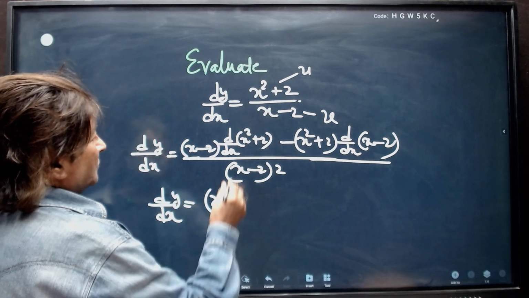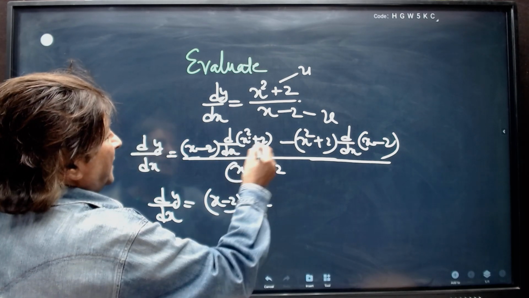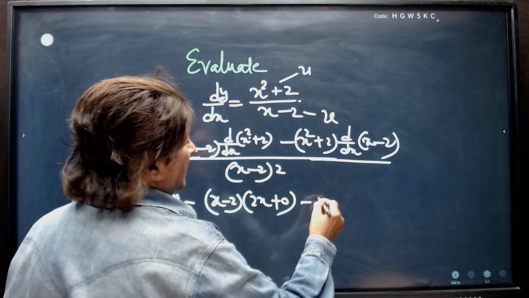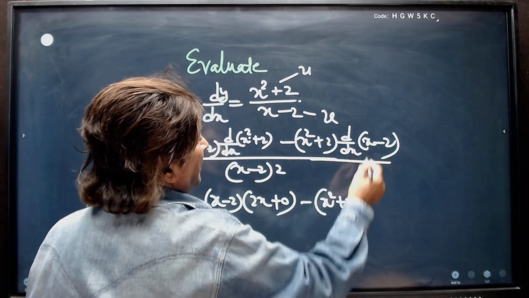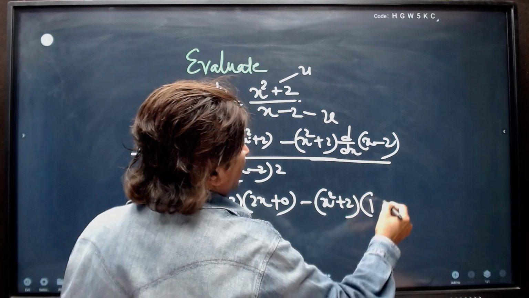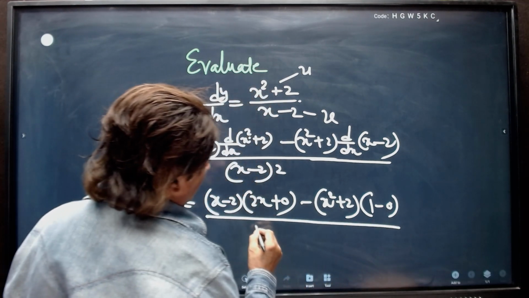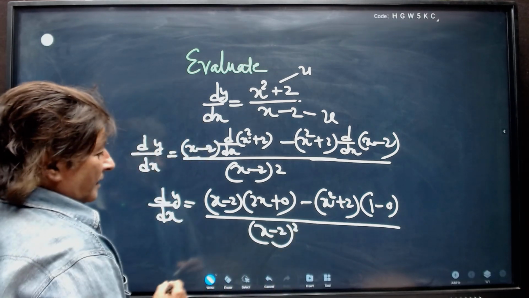x minus 2, d/dx of x square is what? 2x, d/dx of 2 constant 0, minus x square plus 2, d/dx of x is 1, d/dx of minus 2 is 0. In the denominator x minus 2 square.